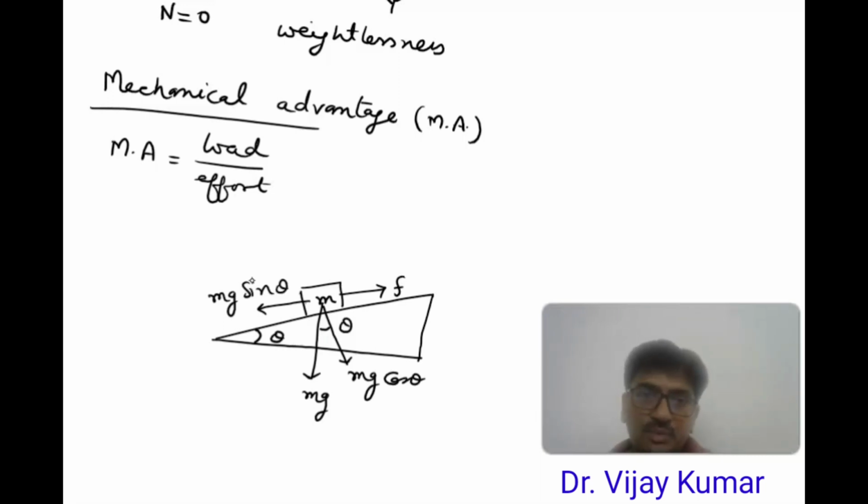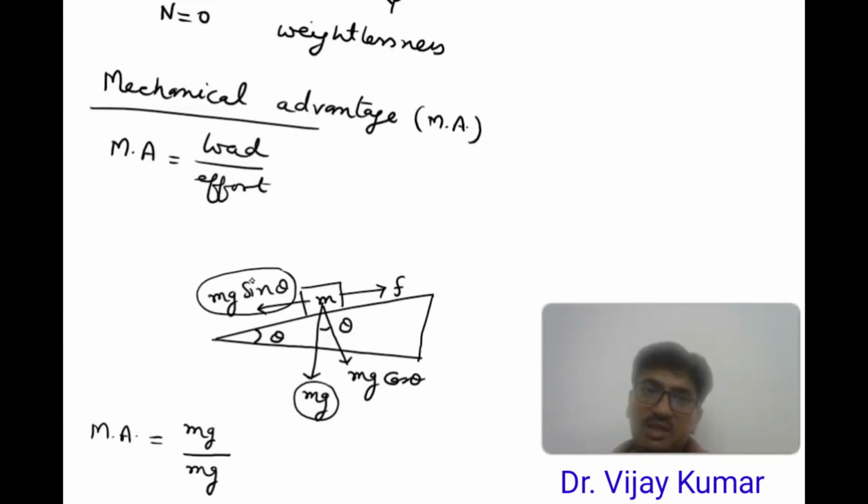So mechanical advantage should be load upon effort. So load is mg, and the effort which is working on the body is mg sin theta, as mg sin theta is balanced by this force F. So effort is mg sin theta.